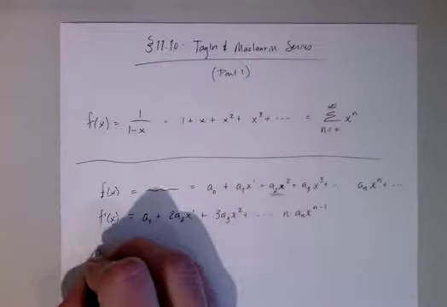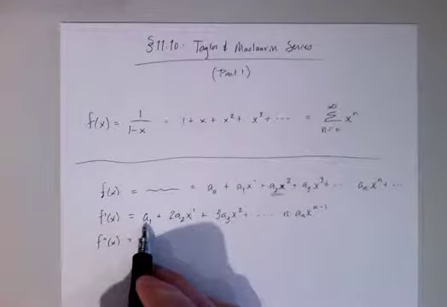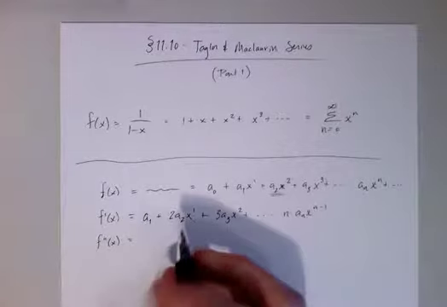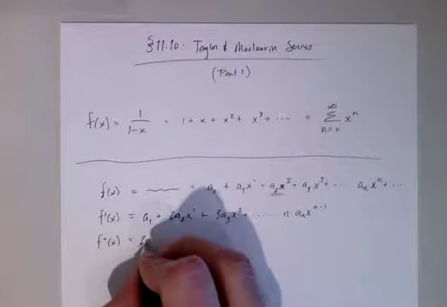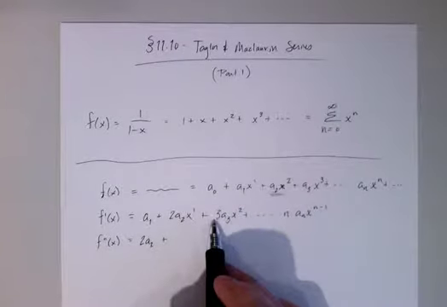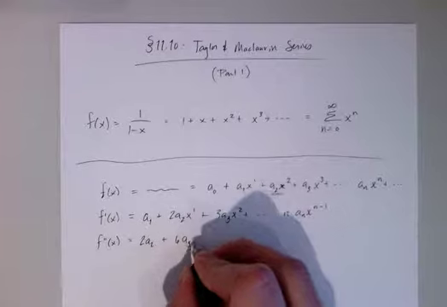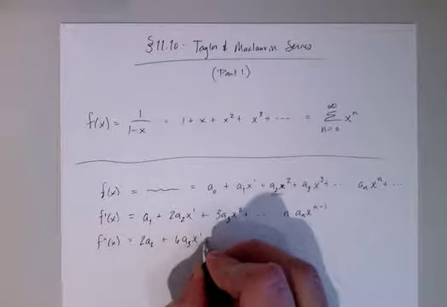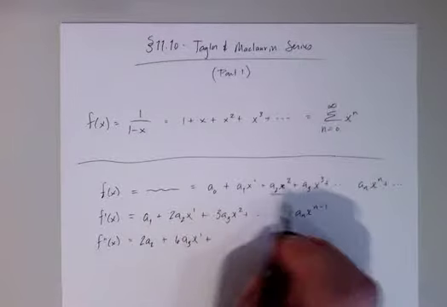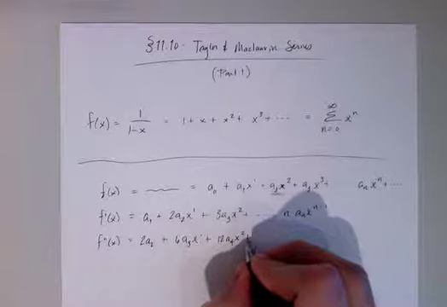Okay, well, let's take the second derivative. And now that's a constant. It doesn't have any variable that it's attached to. So what we have is 2 a sub 2. Okay, but now this one, the 2 needs to be brought down and combined with that 3, and you get 6 a sub 3 x to the first. The next one was going to be 4 a sub 4 x cubed, so it becomes 12 a sub 4 x squared.